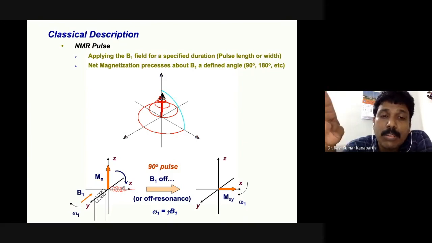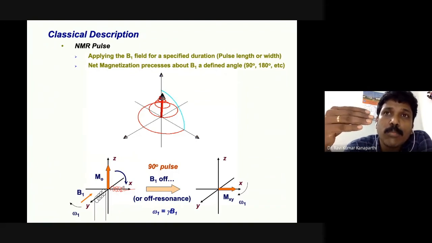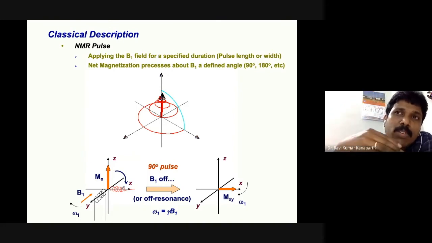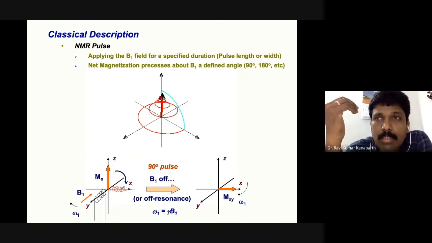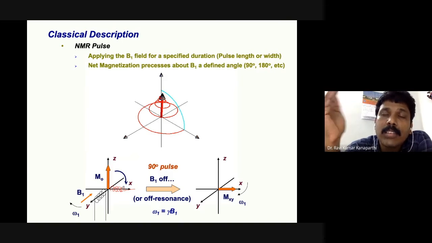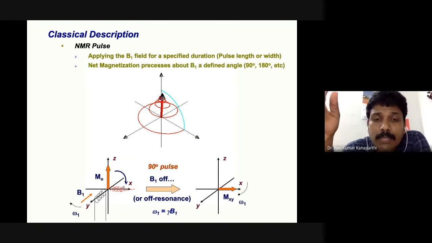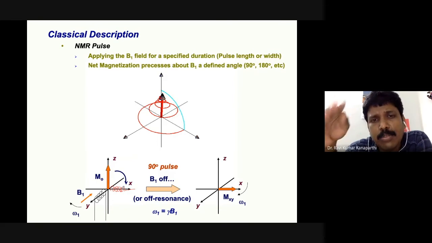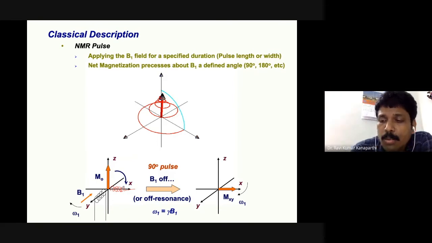The moment you stop it, the coil in the x direction will absorb the moment. Initially you will have a huge current generation. Why? Because you have a huge magnetic vector, but later, as it points towards the z direction, the net magnetization decays. Initially you have a huge magnetization, but slowly it will decay.